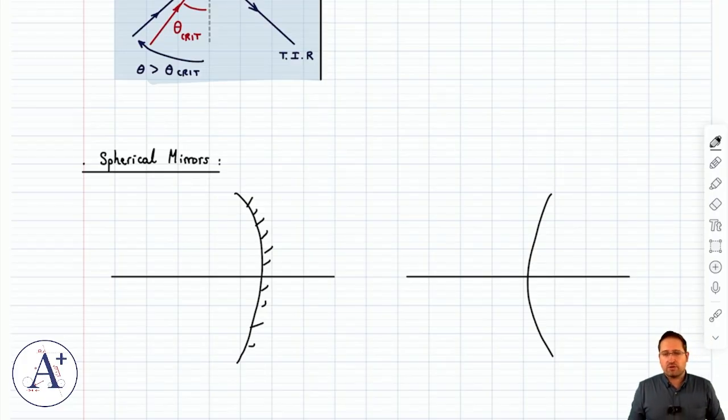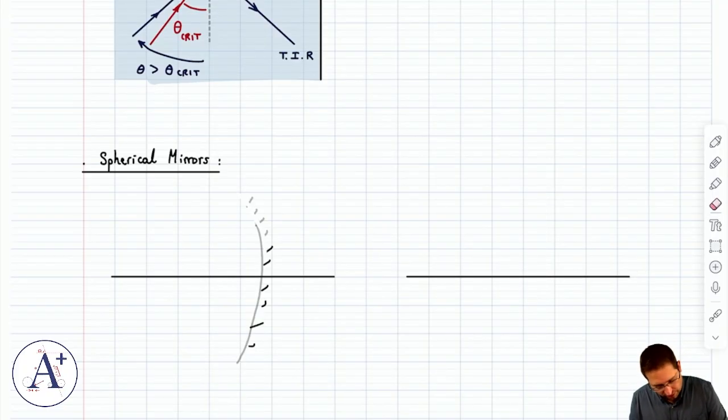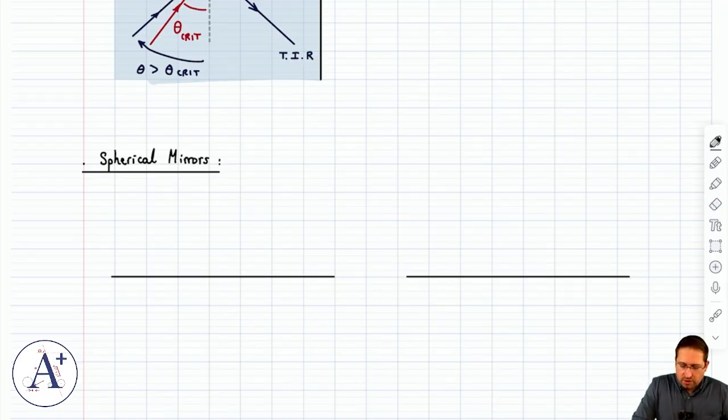The problem is, on average, we're pretty bad at drawing a slice of a circle, as evidenced in my very poor drawing here. So even though that is truly the shape these mirrors have, we're going to use a symbol that's far more accurate and way better for ray tracing, which is going to be the following.